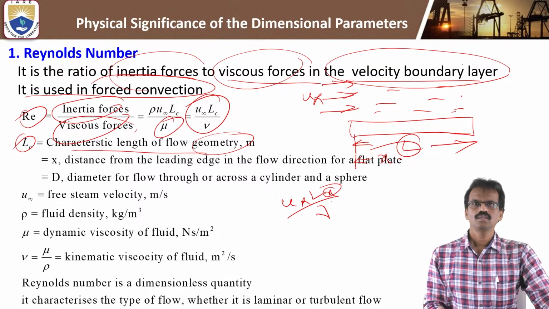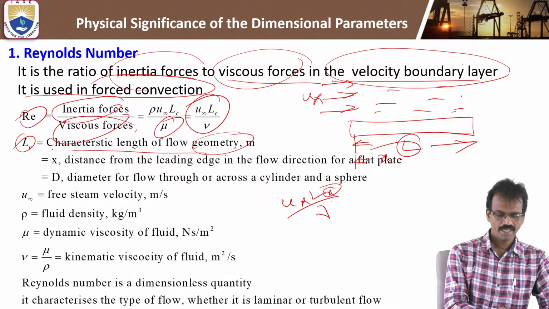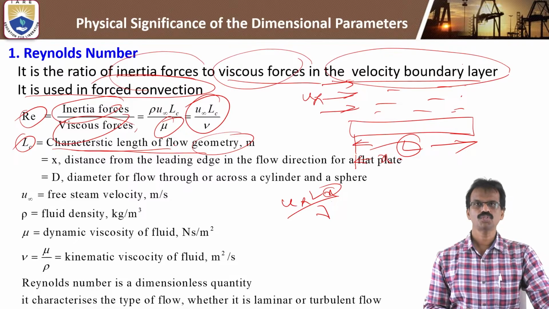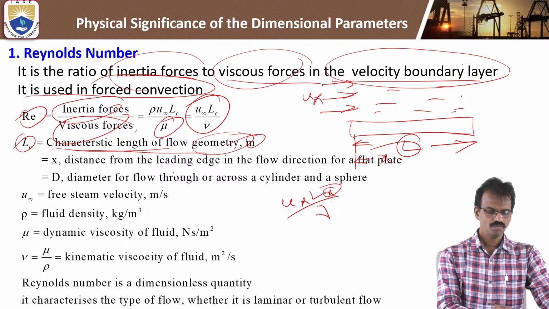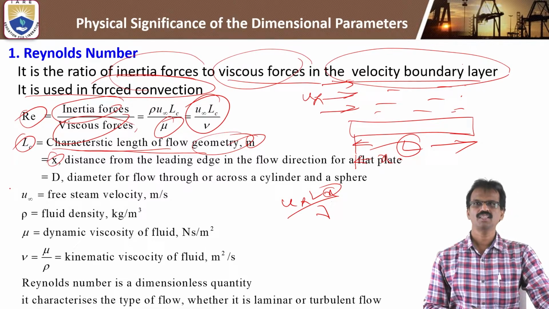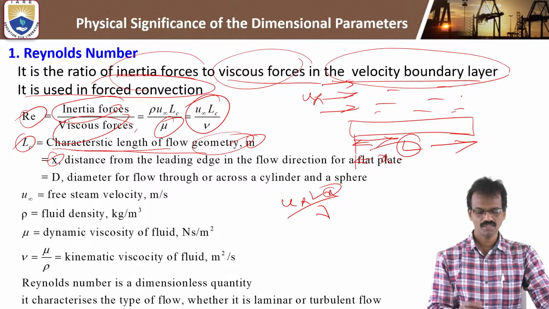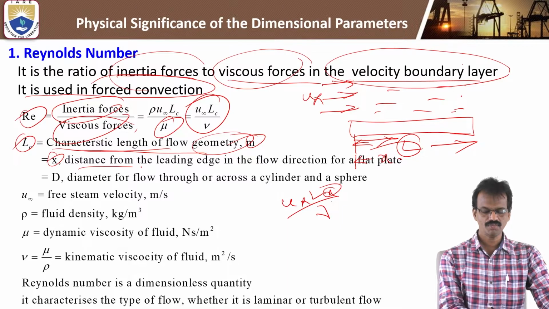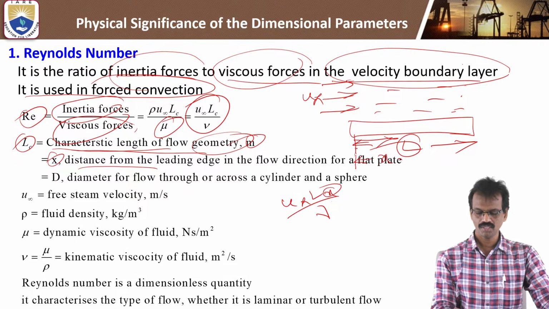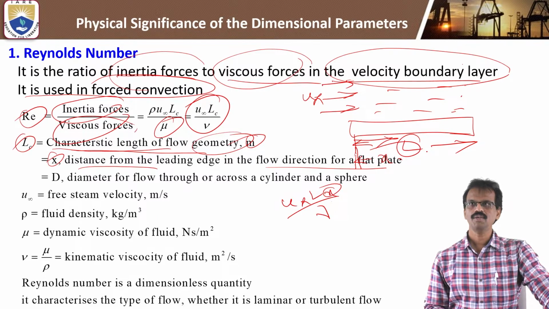So the characteristic length of the flow geometry is represented in meters. Sometimes we can take a particular distance x, where x is the distance from the leading edge, the starting edge in the flow direction, for a flat plate.